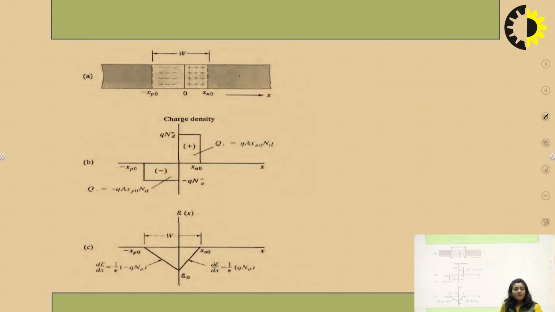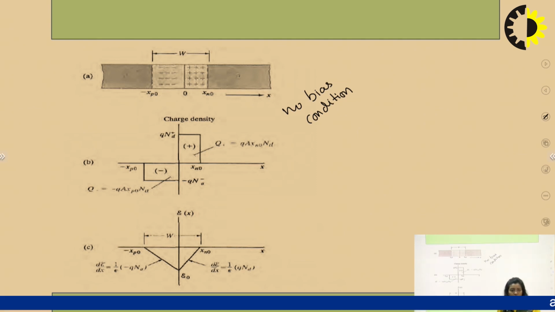Now, moving towards what is inside the potential barrier. As I already told you, some charge is present inside the potential barrier. It is not that the charge is zero. When you have not applied any external field, it is a no bias condition. During the no bias condition, as you have not applied any external voltage to the PN junction, there are some charges present in the potential barrier, like donor ions and acceptor ions.